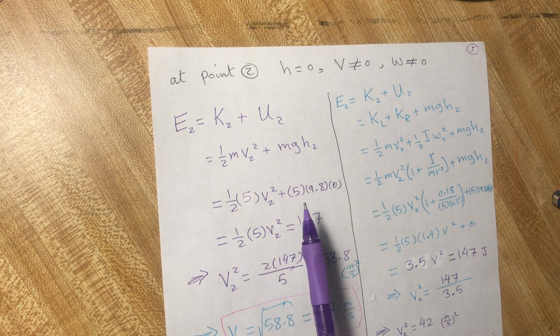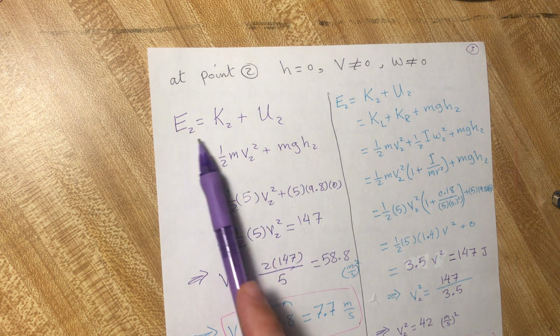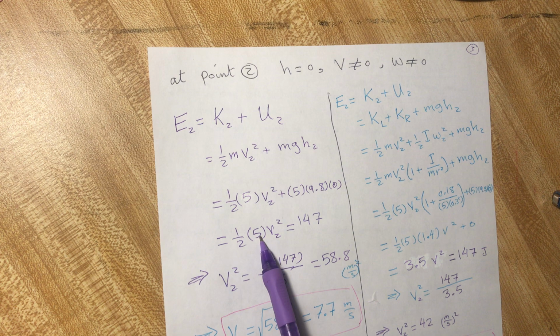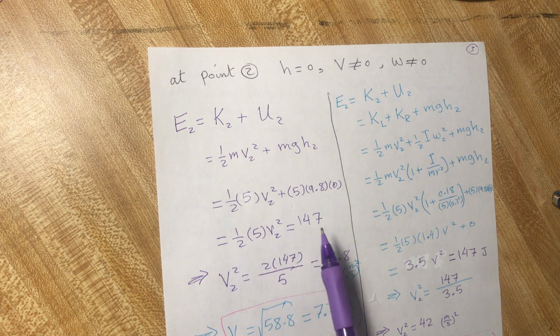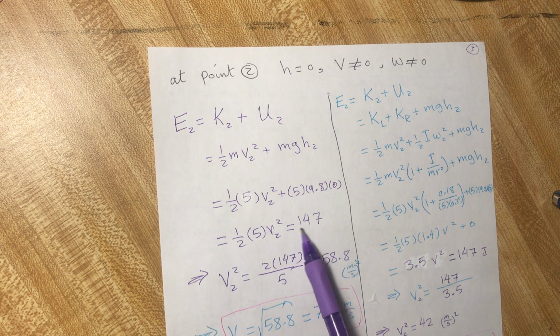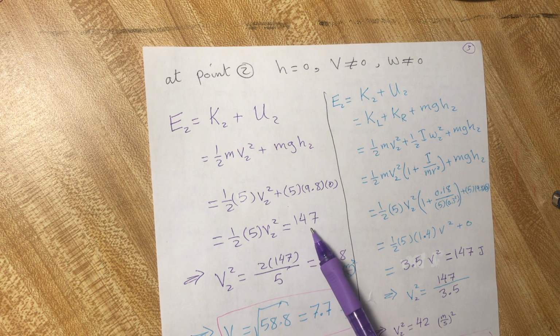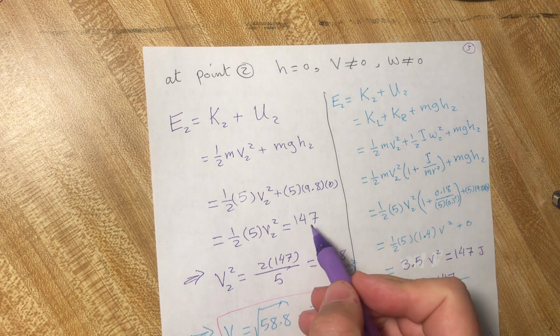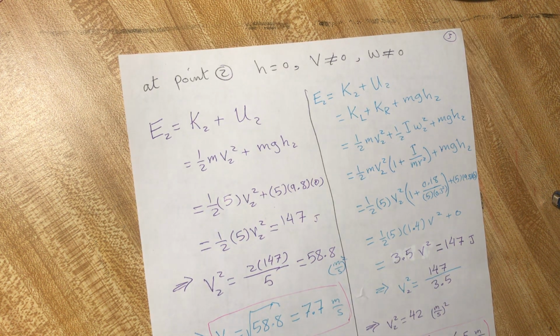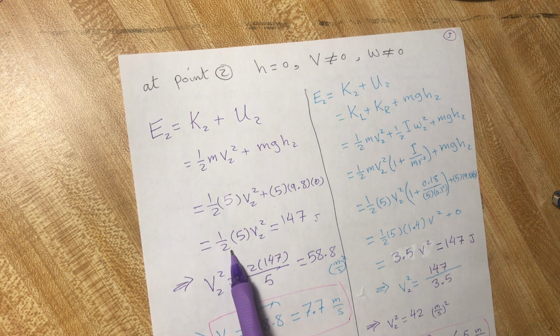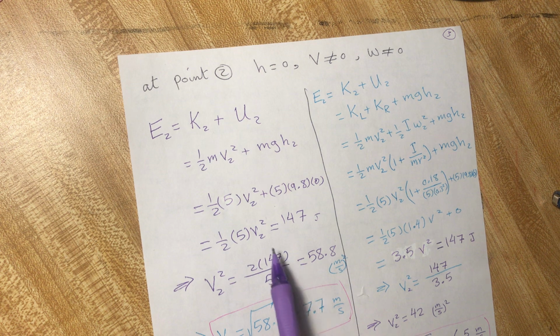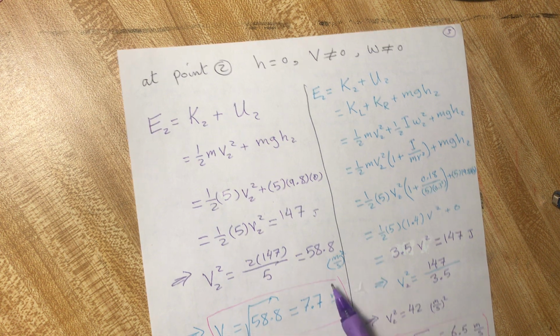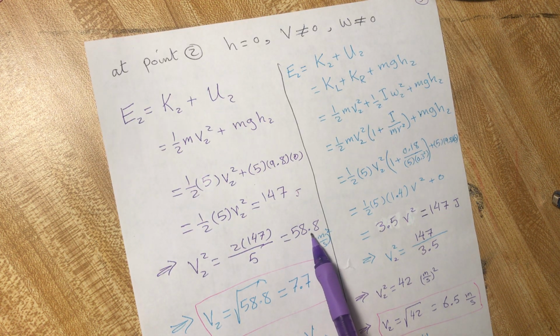So the mechanical energy at the second point is equal to half 5 v2 squared, which is equal to the mechanical energy at the initial point, which is 147 joules.